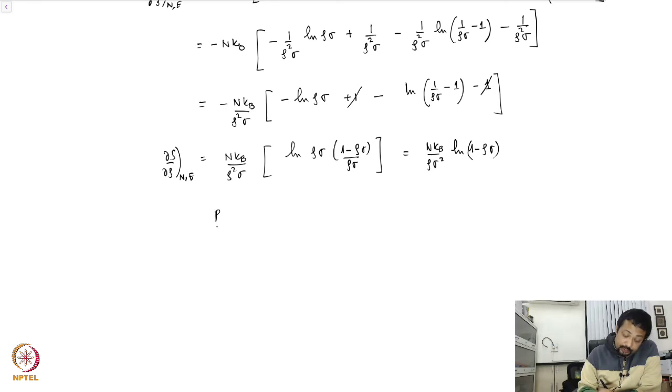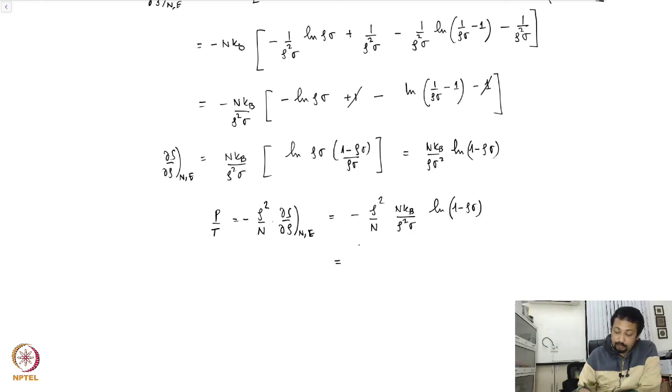So the equation of state P by T, which was minus rho square divided by n times del S del rho, n and E held constant, becomes minus rho square over n times nkb rho square sigma ln of 1 minus rho sigma.